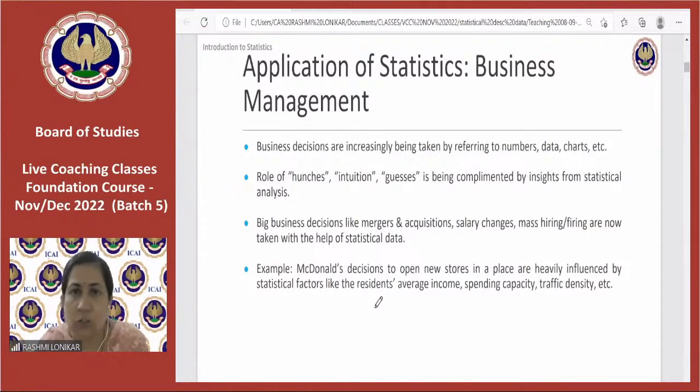It takes into account information like residents' average income, whether they will be able to afford it, what the spending capacity is, and what the traffic density is. All that information is gathered, and then McDonald's makes a decision to open a new store there.